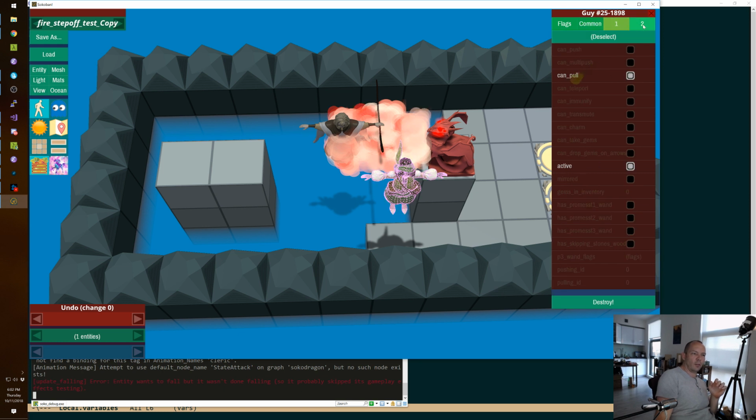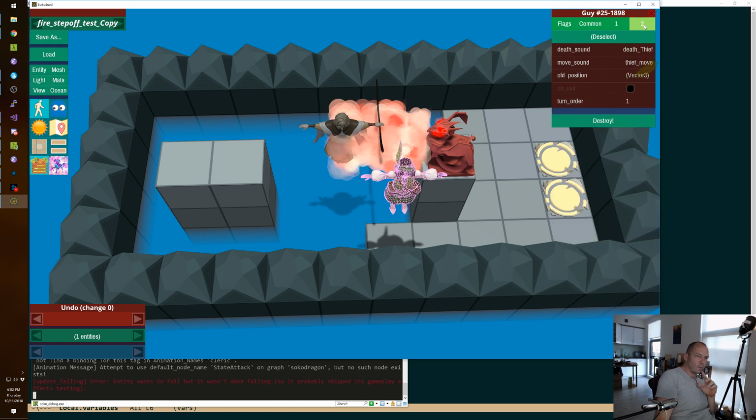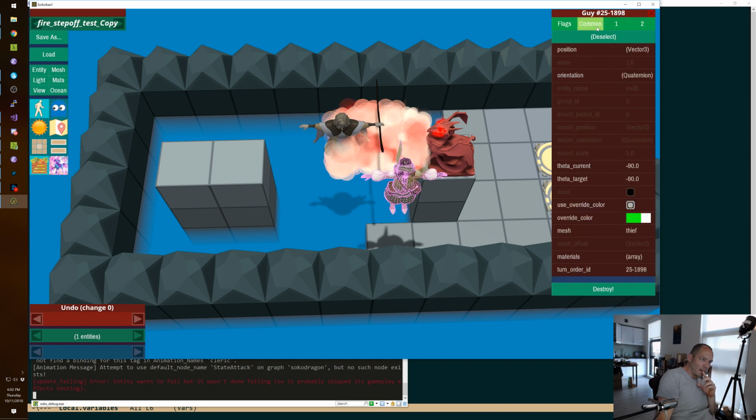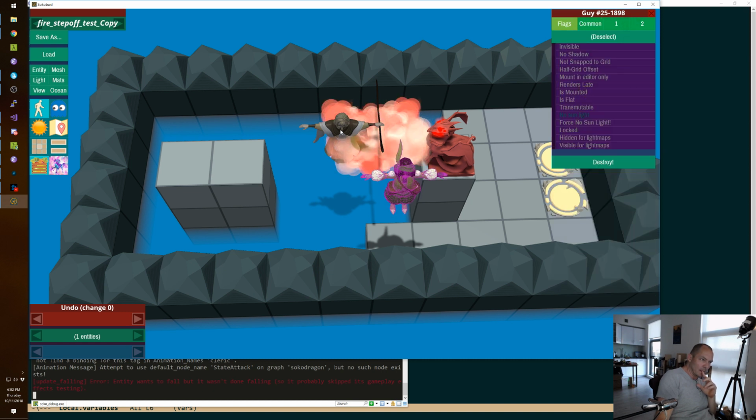But is not really falling. And an upward interpolation gets added. That's really weird. Really weird.